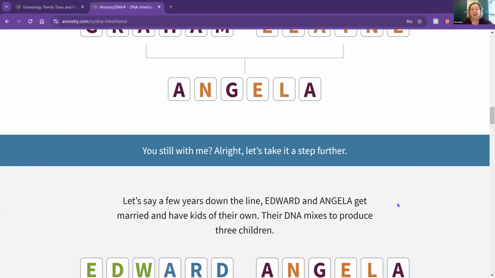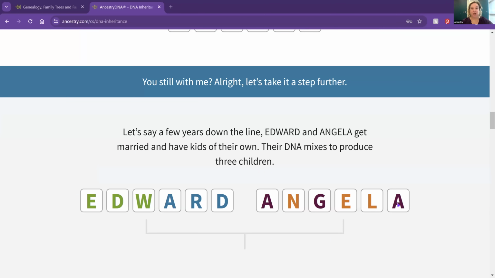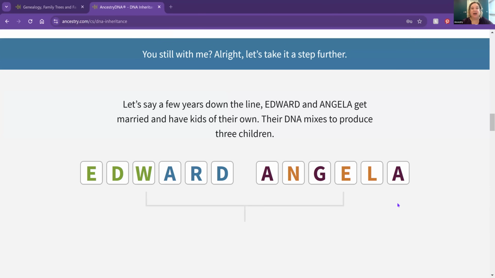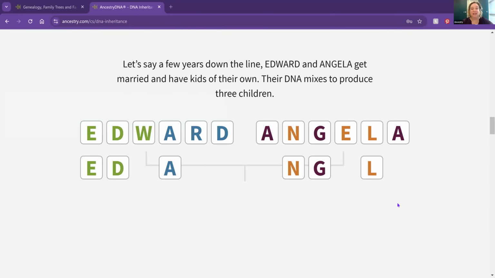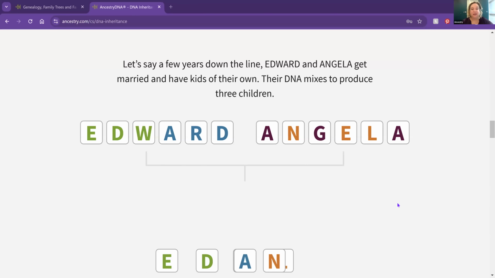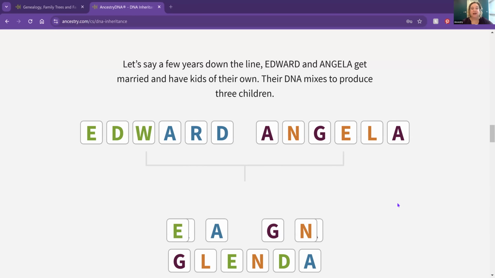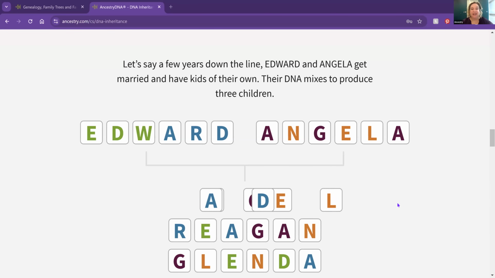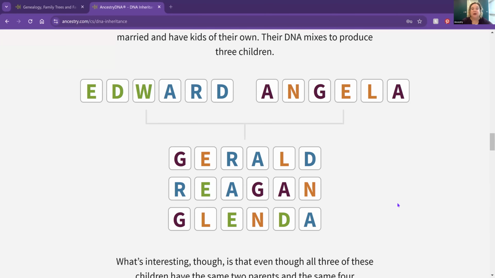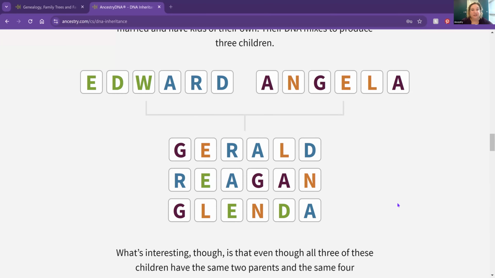We're going to say that Edward and Angela now have a child. Actually, they're going to have 3 children. And those 3 children are each going to get a random 50% of mom and dad's DNA. And those 3 children are going to come out looking a little different. This is important.